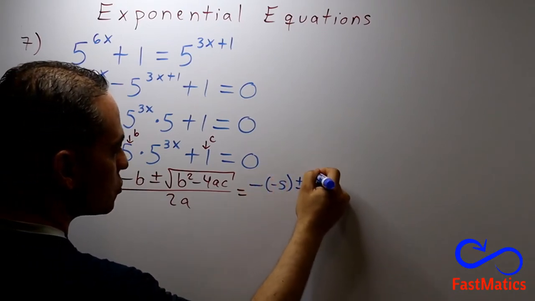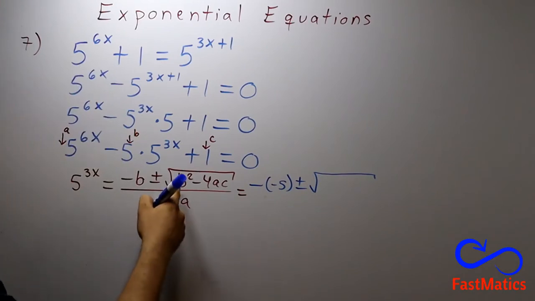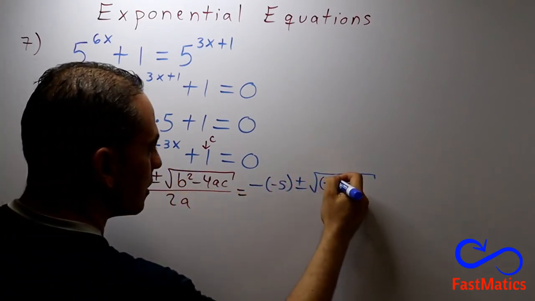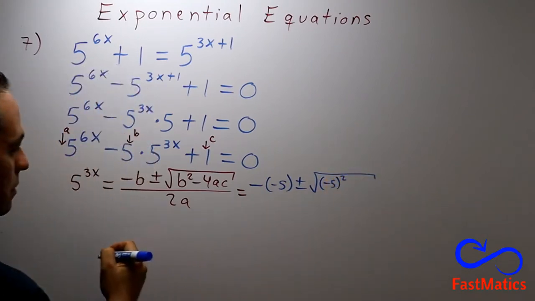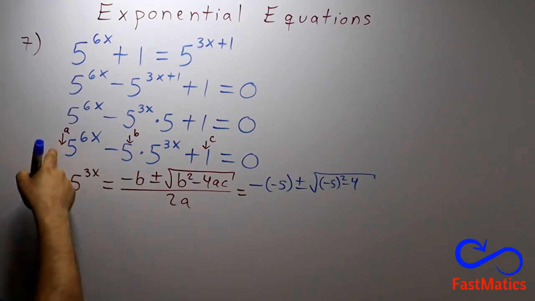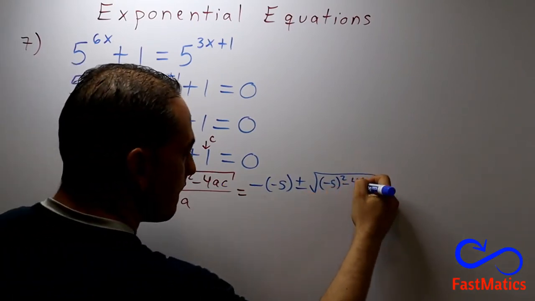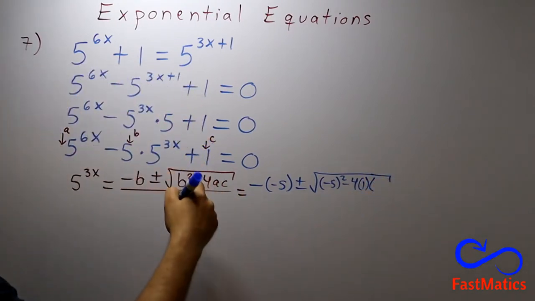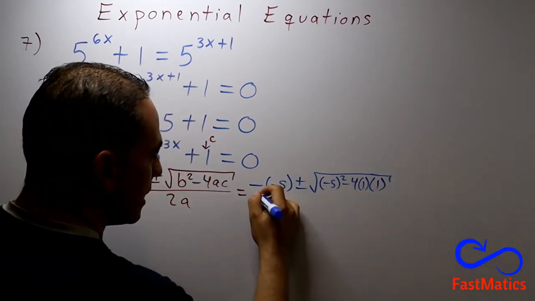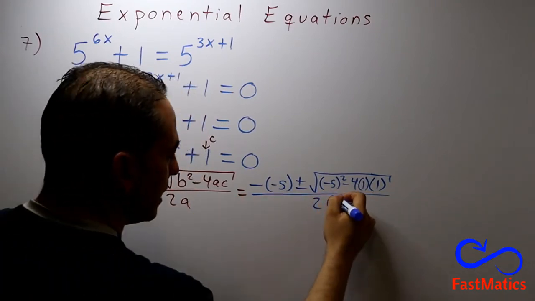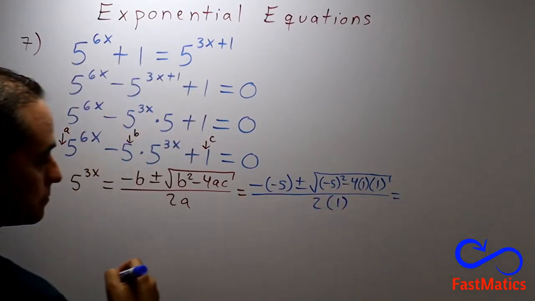Positive negative, the square root of b squared, that is -5 squared, minus 4 times the value of a, that is 1, times the value of c, that is 1, and everything divided by 2 times the value of a, that is 1.